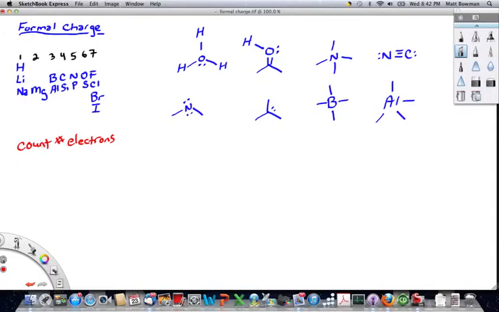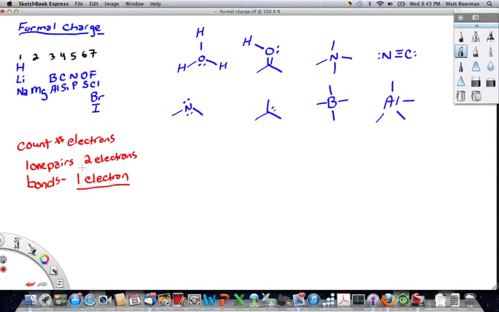When you count the number of electrons, what you're doing is lone pairs count as 2 electrons because, well, each of those lone pairs has 2 electrons in it. Bonds, though, they count as 1 electron. Now, this is different from octet counting. Have to keep that in mind.